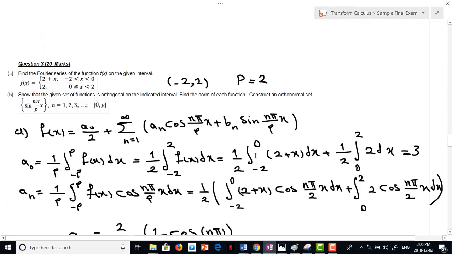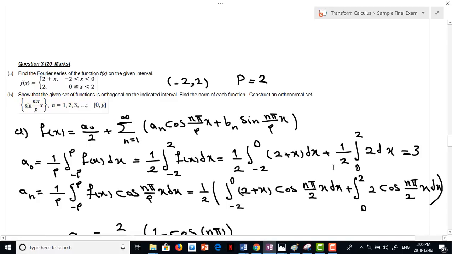In part B, it says to show the given set of functions is orthogonal on the indicated interval, and then find the norm of each function and construct one orthonormal set.